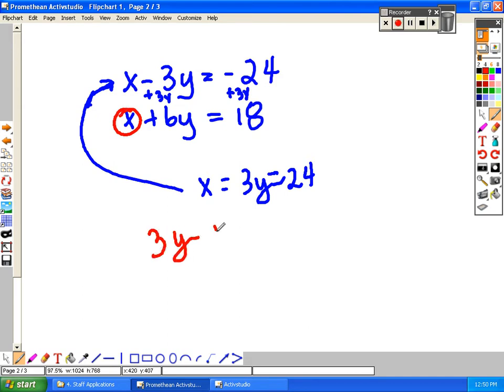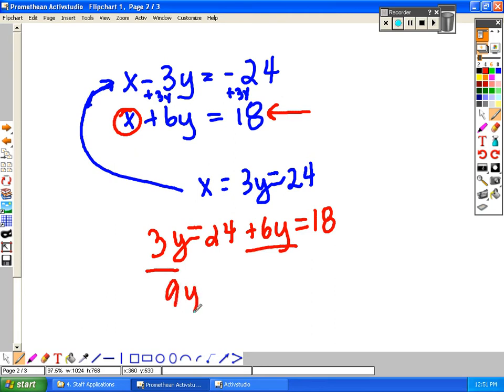3y minus 24 plus 6y is equal to 18, which is just this equation substituted in for x. So now I could combine 3y and positive 6y to get 9y minus 24 is equal to 18.